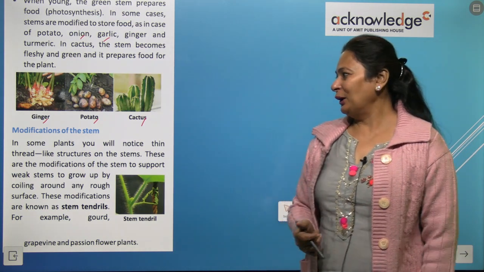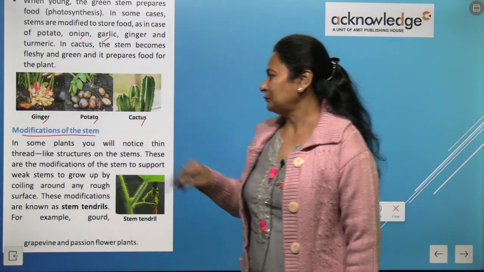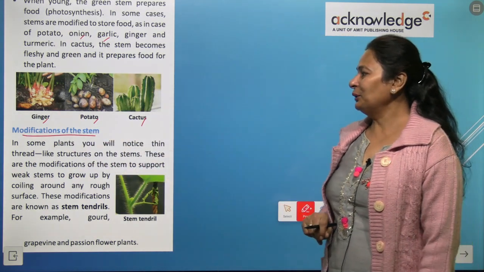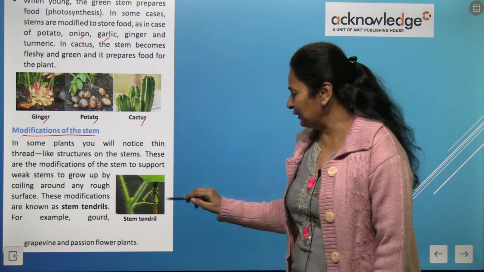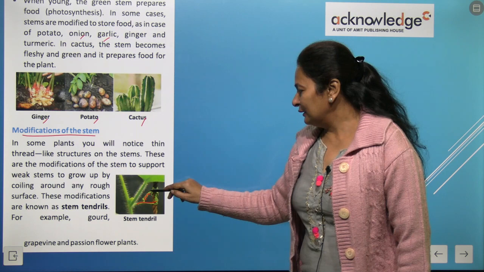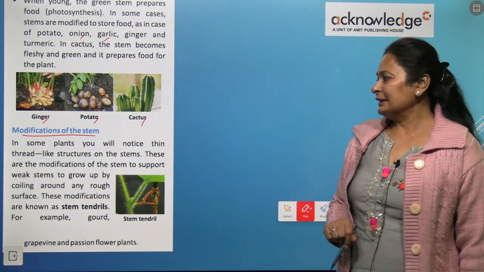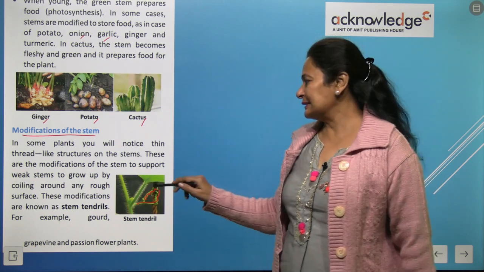Very good. Now, modifications of the stem. In some plants, you will notice a thin thread-like structure on the stem.